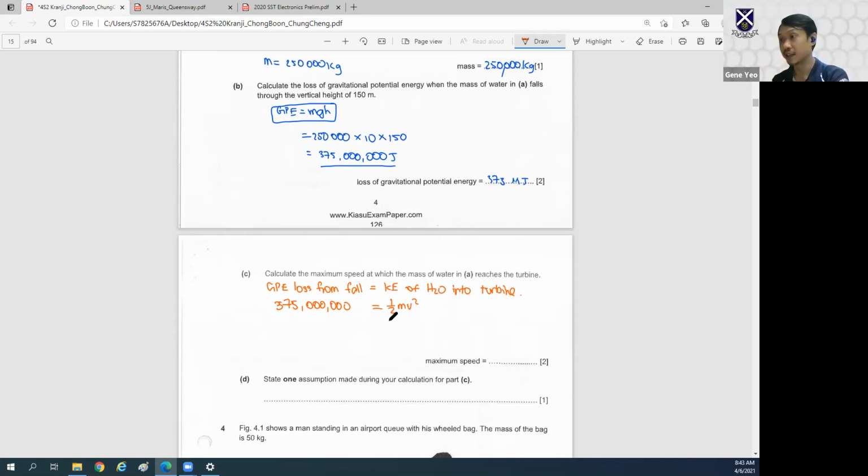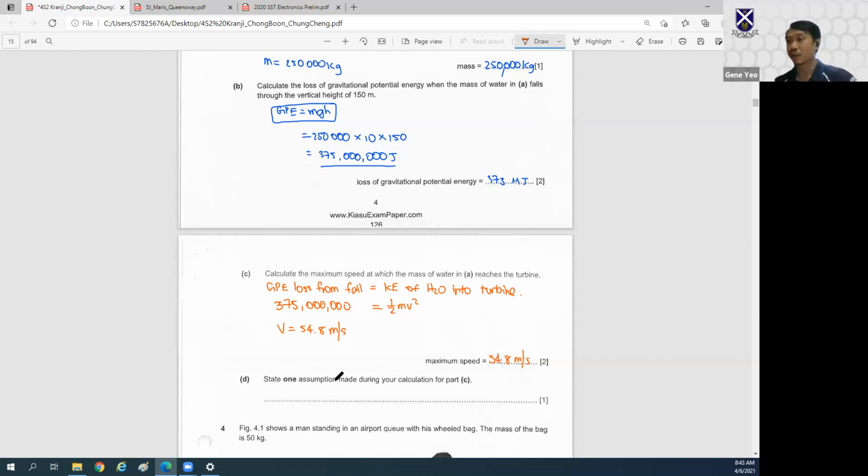The mass is from part A, the 250,000. So I'm going to put that in. I'm going to press my calculator, and you should end up with v of 54.8 meters per second.